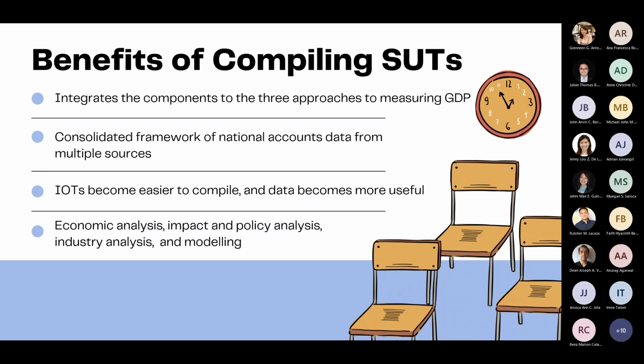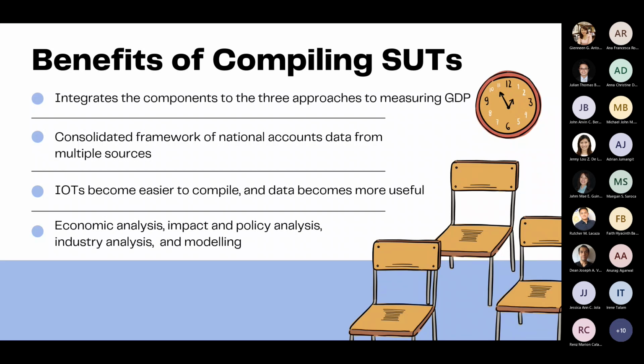Of course, with the IoT, we are able to perform many kinds of analyses, such as linkage, GVC, tourism, etc. And an IoT is considered more of an analytical tool that shows the relationships between inputs and outputs that are required to produce a given amount of goods and services. So it's very helpful to have that, and we can have that if we have a proper SUT.